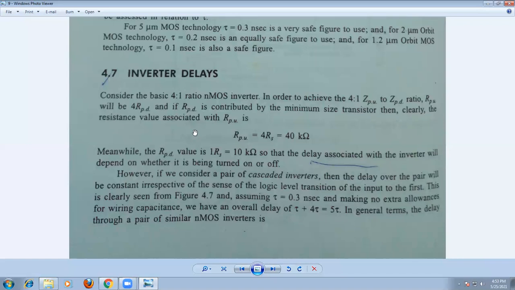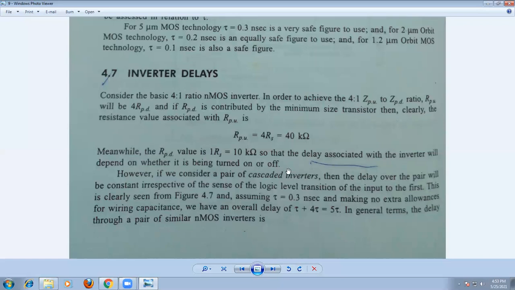We have already seen that the on resistance of the NMOS transistor changes depending upon the condition of the pull-down transistor. If the pull-down transistor is on, the resistance changes. How much? 50 kilo ohm, because the two transistors you have to consider. And when the transistor is off, it is equal to a very high value. That is the case.